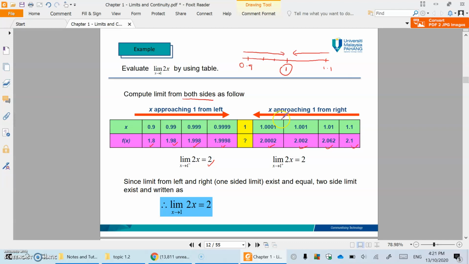So if we move more towards 1, we can simply say that it is approaching 2. Since the limit from the left equals 2 and from the right also equals 2, the limit exists and is equal. So the limit of 2x as x approaches 1 is equal to 2.